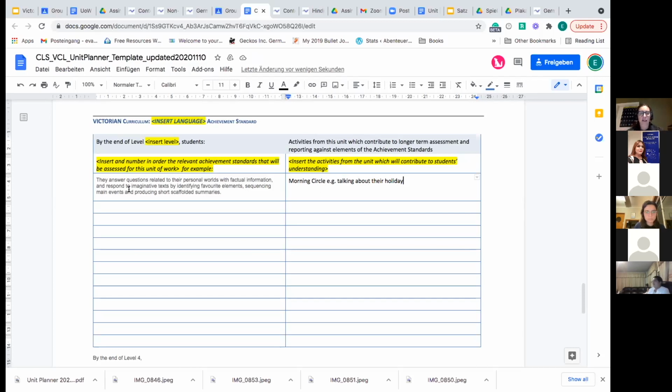And in this case, they are not producing short scaffolded summaries, but we cover that in a different activity later, when they have to summarize the survey results, what toys or games their grandparents played when they were children.